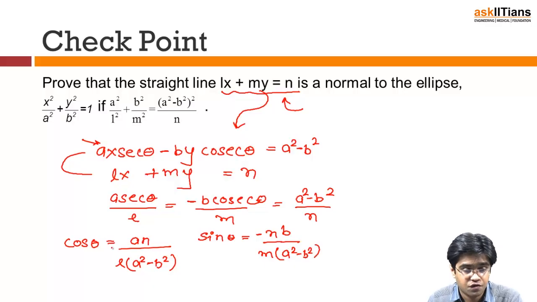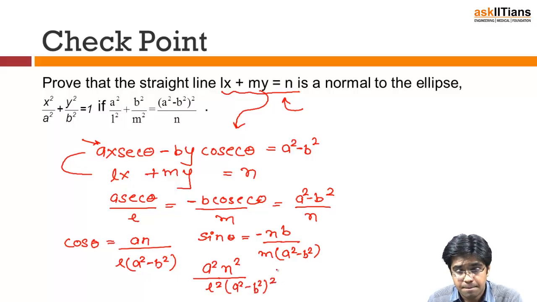Now I have got the expression for cos theta and the expression for sin theta. If I eliminate theta from these two equations, then I'll get the locus. How? Squaring and adding will give me a square divided by l square, because n and a square minus b square are common, so I'm going to take them to the other side, or let's keep them here: n square a square minus b square whole square, plus n square b square divided by m square a square minus b square is equal to 1.